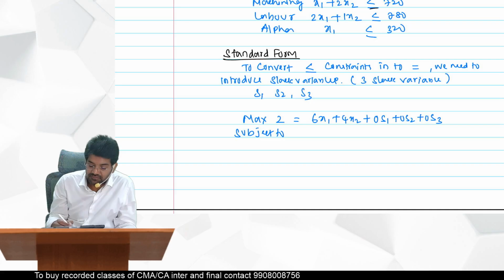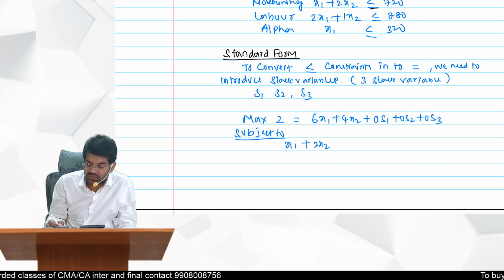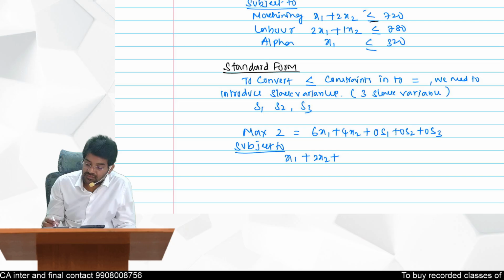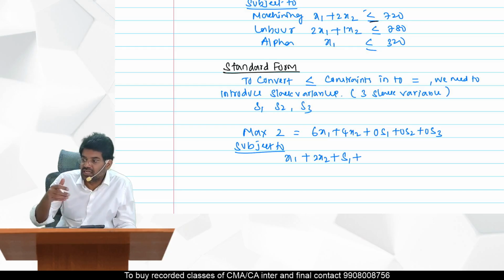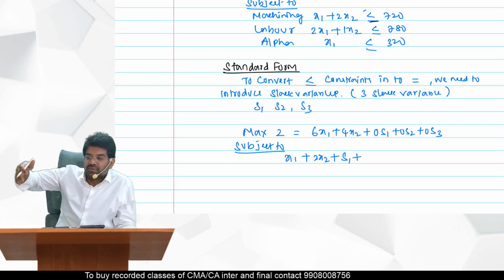Subject to the first constraint x1 plus 2x2 plus S1, you should add. Remaining also you can show here. Remaining will have 0 just for representing them in our simplex table.